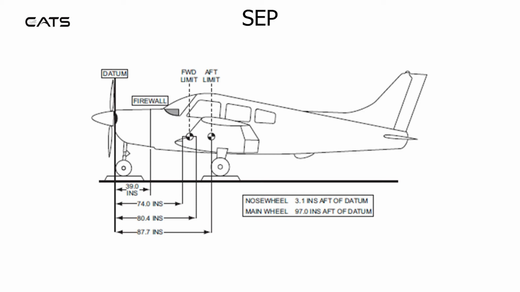The single engine piston. The datum is 39 inches forward of the firewall. The forward limits are 74 to 80.4 inches after the datum, and the aft limit is 87 inches after the datum. The nose wheel is 3.1 inches after datum, and the main wheels are 97.0 inches after datum.